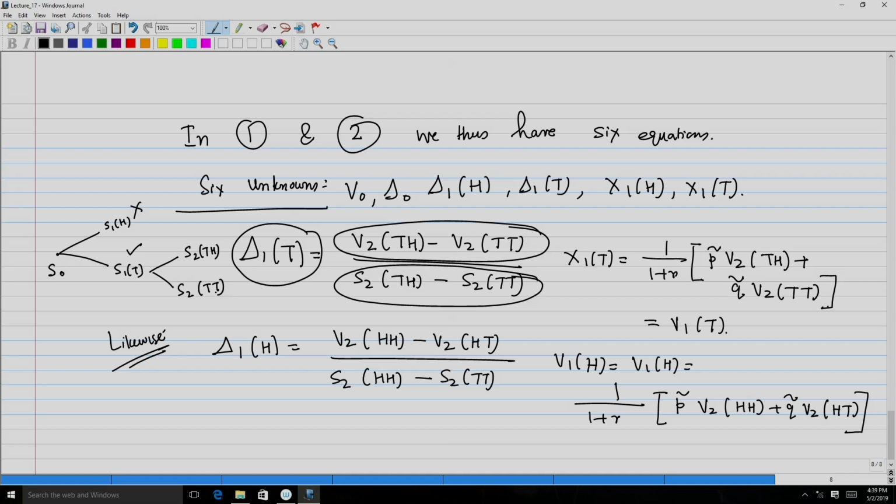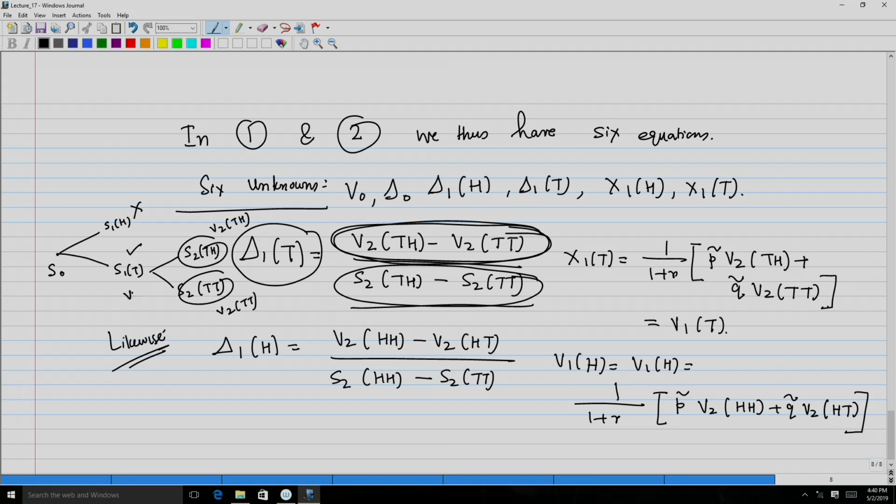So, the denominator is going to be the difference S2 of th minus S2 of tt, and the numerator is going to be the corresponding difference of the values for the same outcome in that order. Now, further, in this case, the value is going to be V2 of th if there is an upward movement from time 1 to 2, and V2 of tt otherwise.